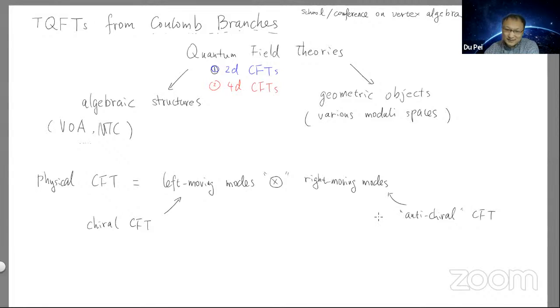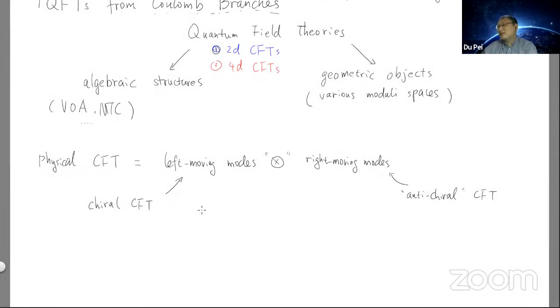What's interesting is that they are actually not a well-defined physical quantum field theory unless you couple them to some degrees of freedom. Indeed, here I wrote this tensor product in quotes, and this tensor product is over a theory in higher dimensions, over 3D TQFT.